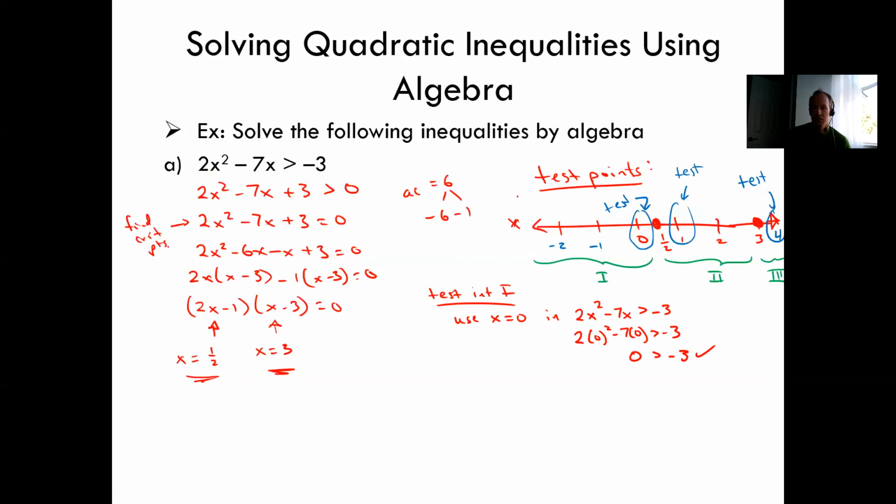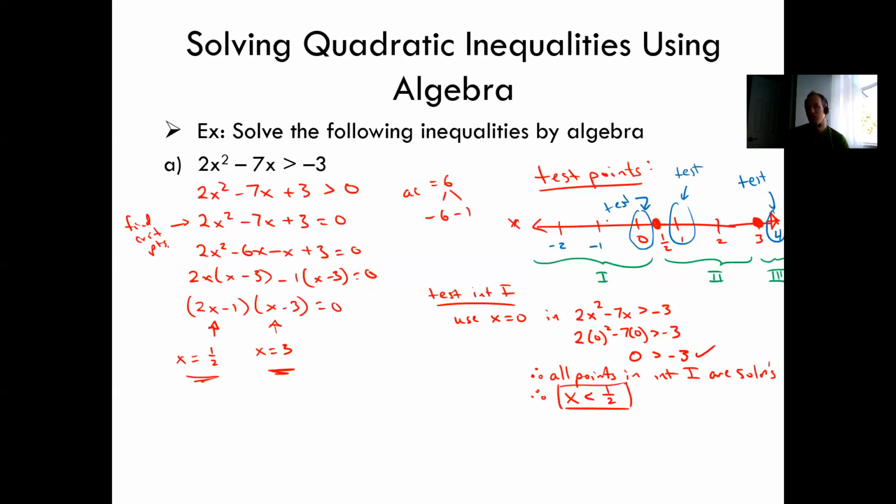Because that's a winner, I can conclude that everything to the left of a half is also a winner. Therefore, all points in interval 1 are solutions. I don't have to write this every time, but I'm just being explicit here. Therefore, what can we say? x is everything less than 1/2.